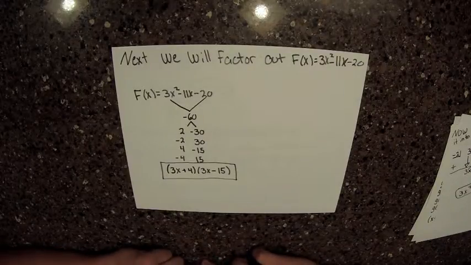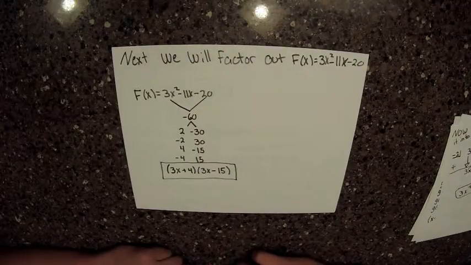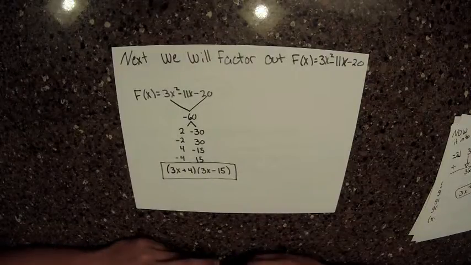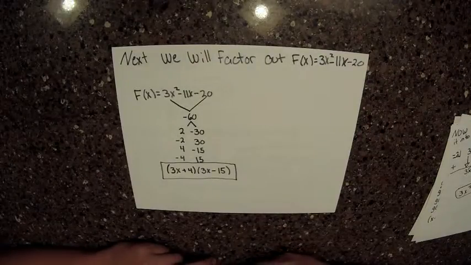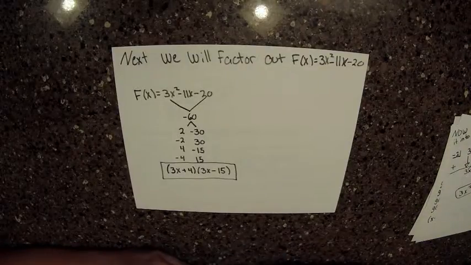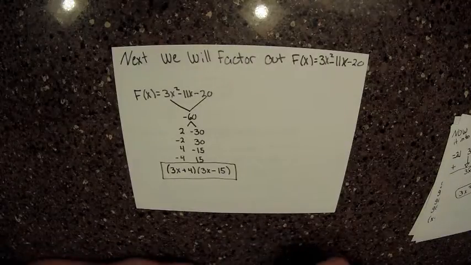Now, as one of our last parts of this equation, we will factor the equation we have. Since we've gotten it down to an x squared, x, and a regular number, we can find the factors. Now, since there's a 3 in front of x squared, we can't just factor because we can't take out 3 in the equation.